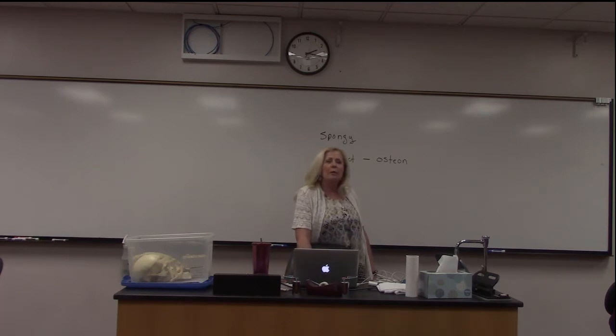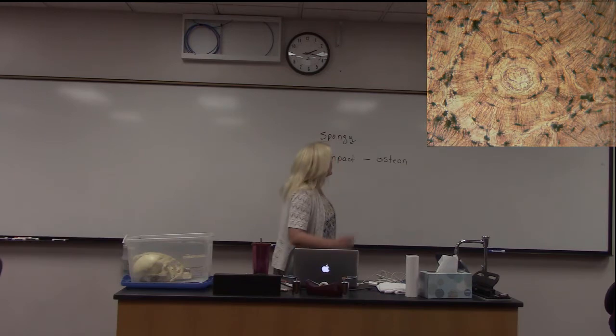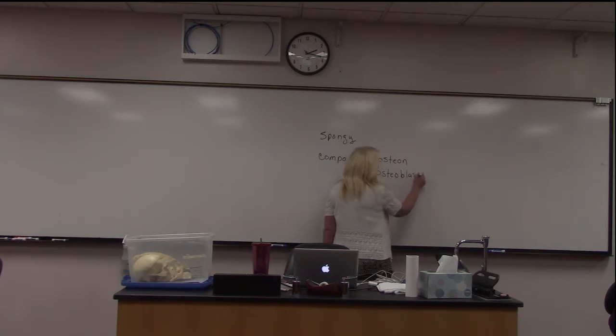The first thing I want you to know is that there are cells inside this bone that help to grow bone. These cells that are found in compact bone that help to grow bone are called osteoblasts.